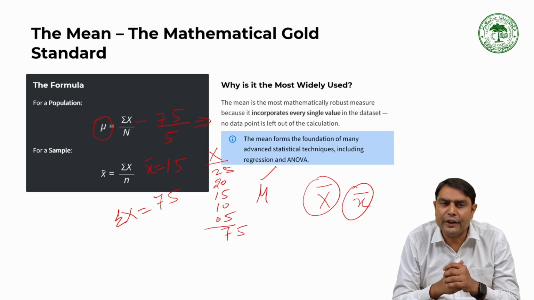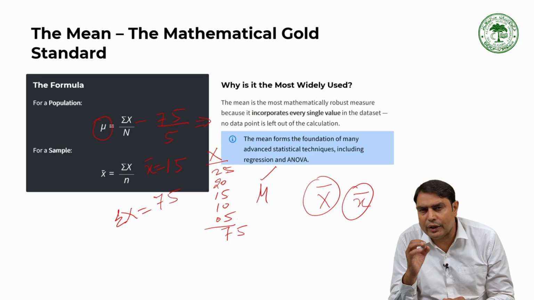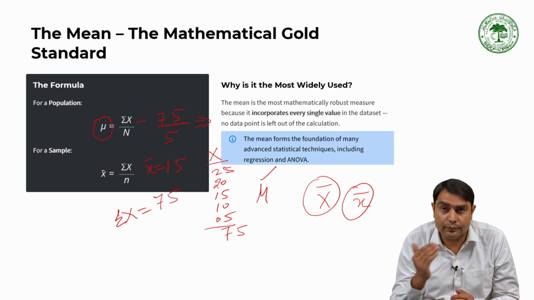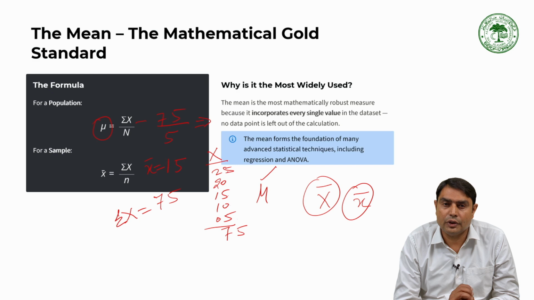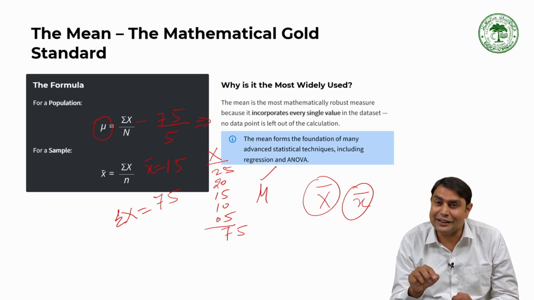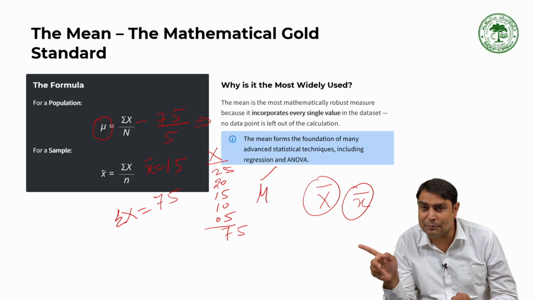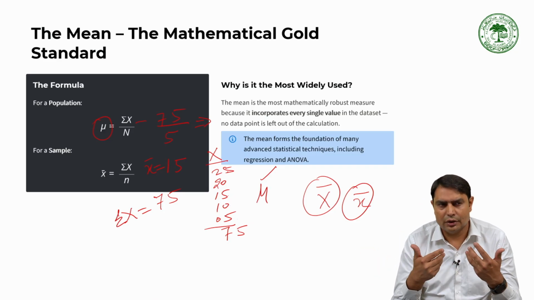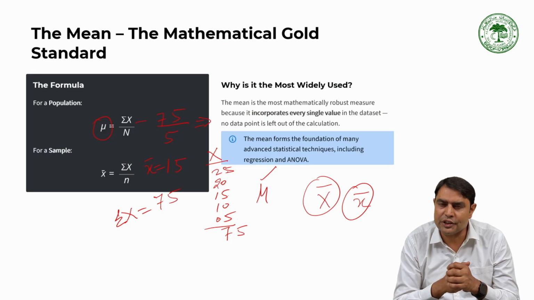So, the mean uses every single value in a data set to add up to the total. That is why it is often considered mathematically powerful, because the mean is a representation of all the mathematical values, and all the mathematical operations can be conducted through the mean.